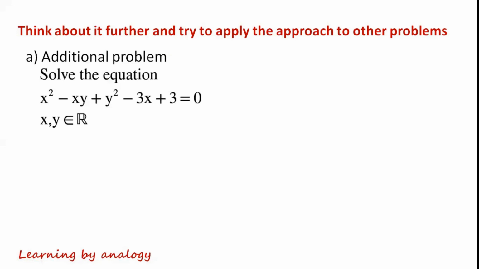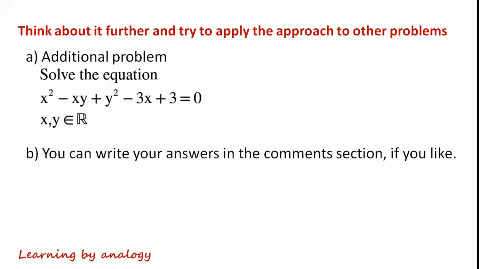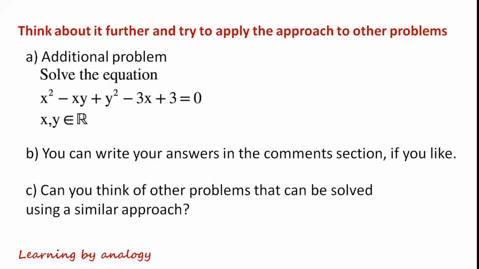X, y are in the set of real numbers. You can write your answers in the comments section if you like. Can you think of other problems that can be solved using a similar approach?